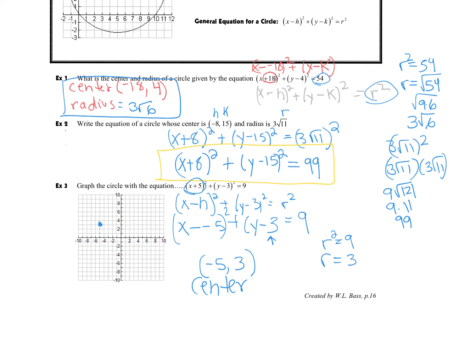So I'm going to come out and do what we call our north, south, east, west points. So I'm going to go up 3, 1, 2, 3. I'm going to go down 3, south 3, 1, 2, 3. From the center, I'm going to go east 3, 1, 2, 3. And then west 3, 1, 2, 3.